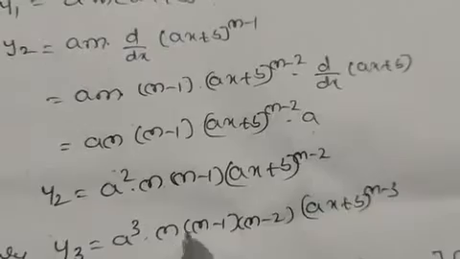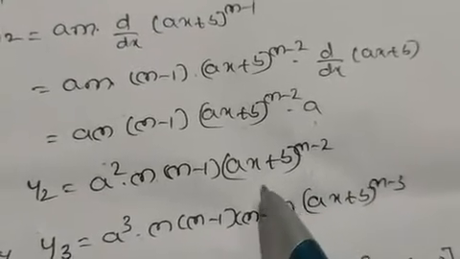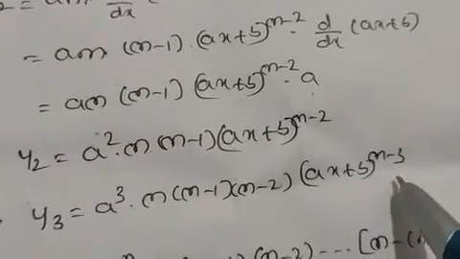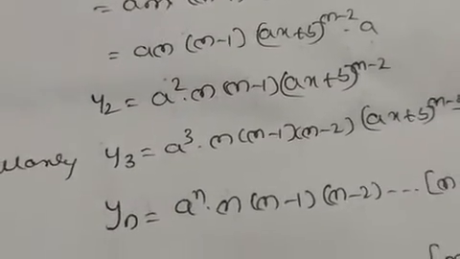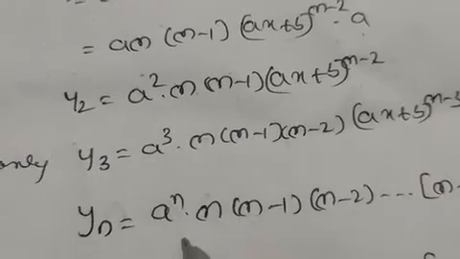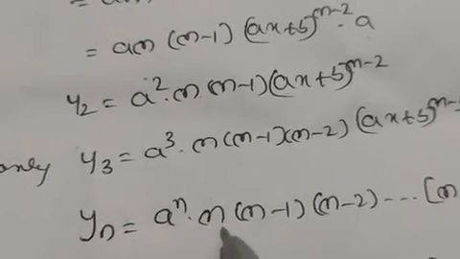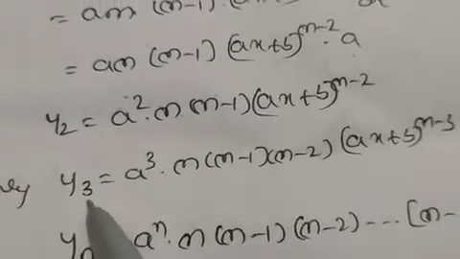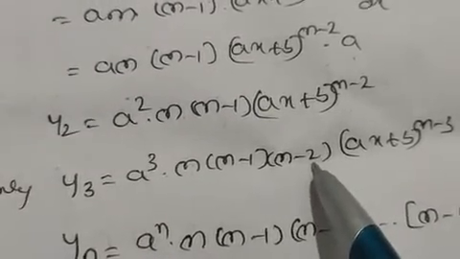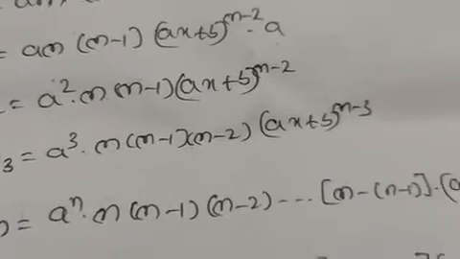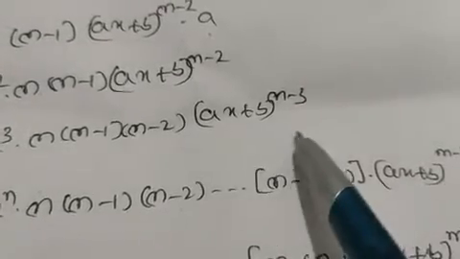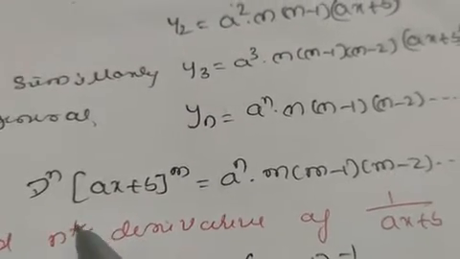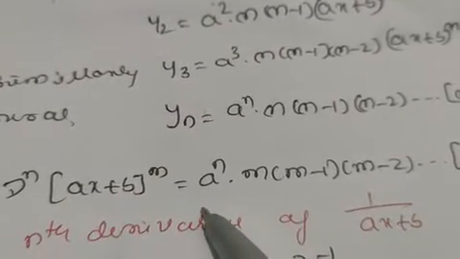You have to write m into m minus 1 into m minus 2, and ax plus b raised to here m minus 3. In the case of y2 it is m minus 2. And similarly we can generalize this. yn is equal to a raised to n, m into m minus 1, m minus 2, etc., up to, see here, 3 means it is 2, 2 means it is 3 minus 1. So this is m minus n plus 1, into ax plus b raised to m minus n. And this is the nth order derivative of ax plus b raised to m.